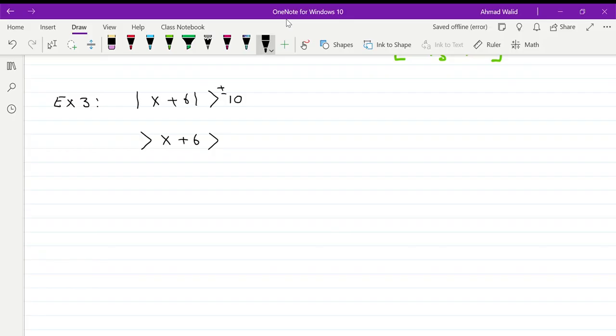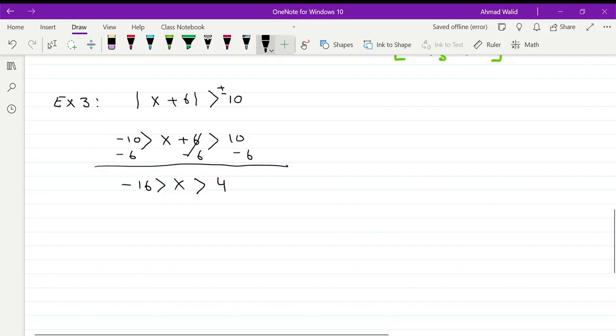You see, greater than positive 10, less than negative 10. Now subtract 6 from all sides. X greater than 4. Here less than negative 16.